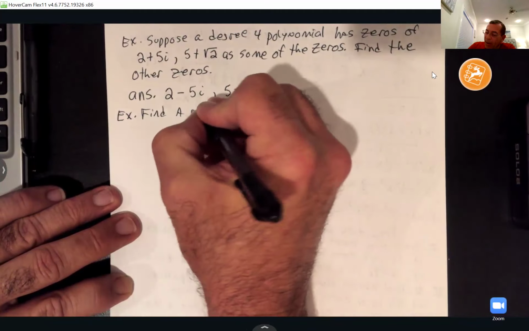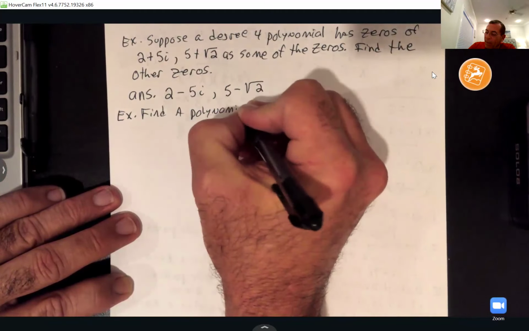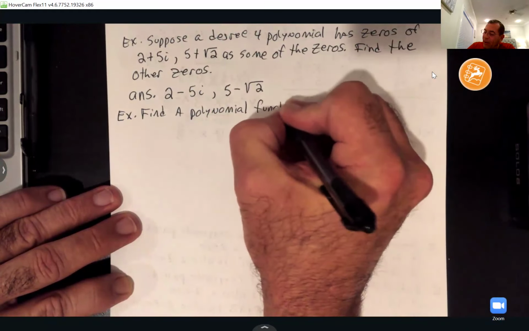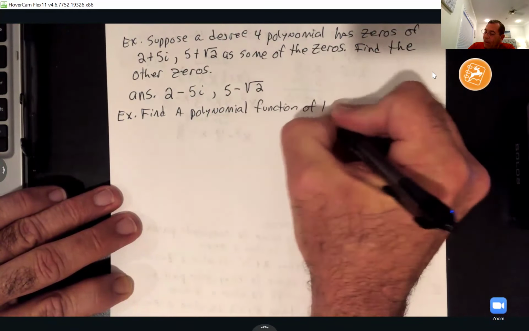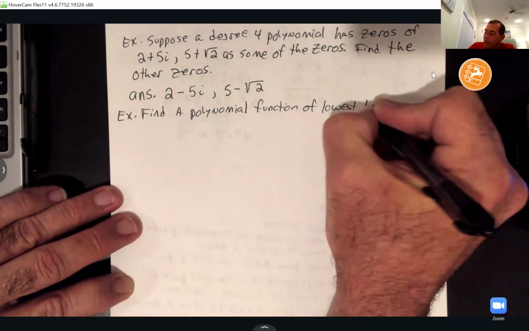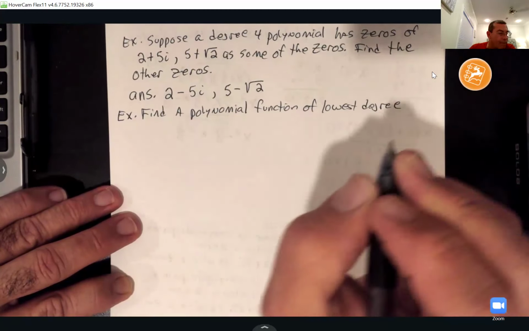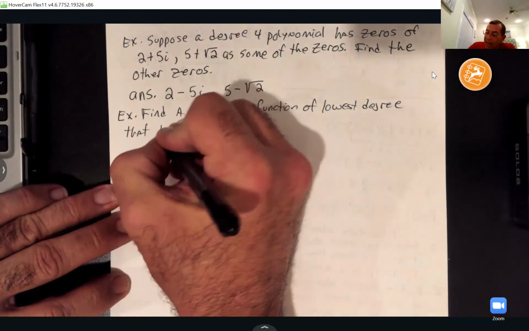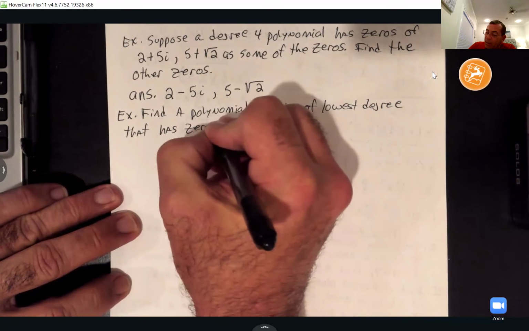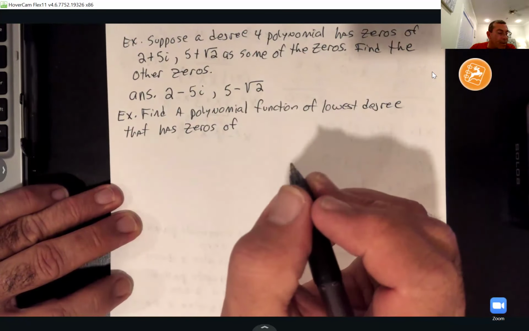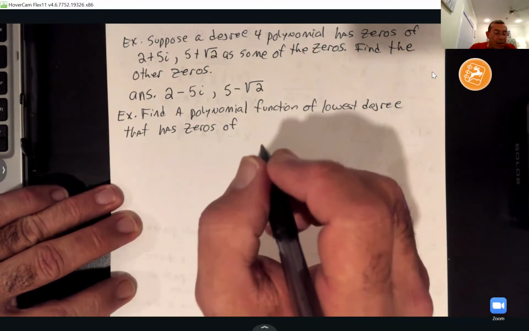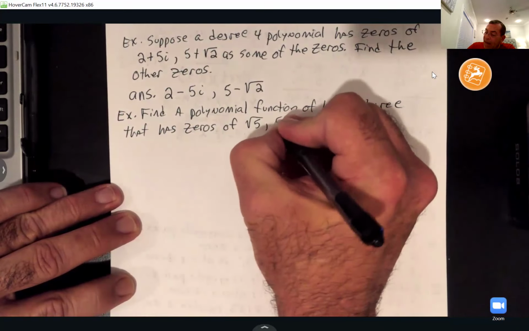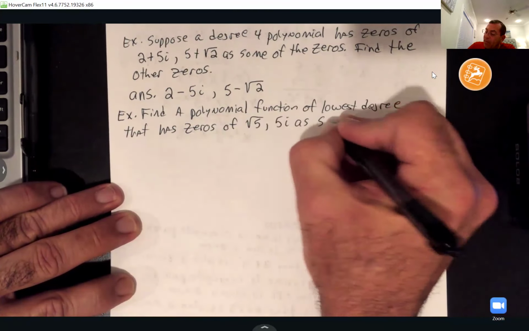Find a polynomial function of lowest degree that has zeros of square root of 5 and 5i as some of its zeros.